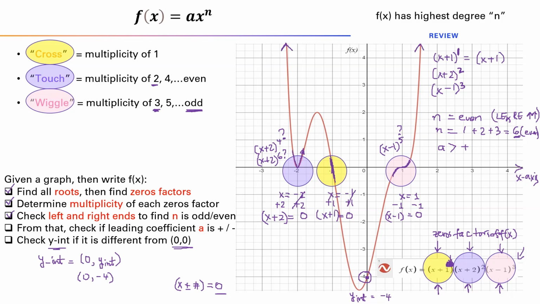So we check that f of x equals x plus 1 to the multiplicity of 1, then multiply by x plus 2 with the multiplicity of 2, so we square it. Then we have x minus 1 with the multiplicity of 3.